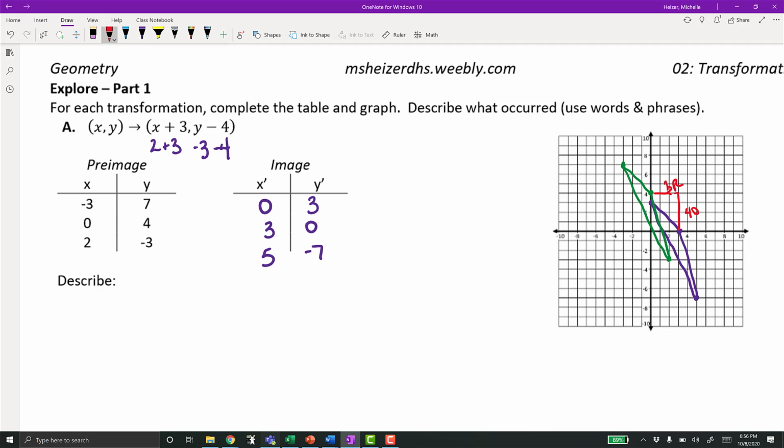I'm going to check that for my other points. Can I go 3 right, 4 down? 3 right, 4 down. So it seems consistent. So I could describe this transformation as 3 units right and 4 units down.